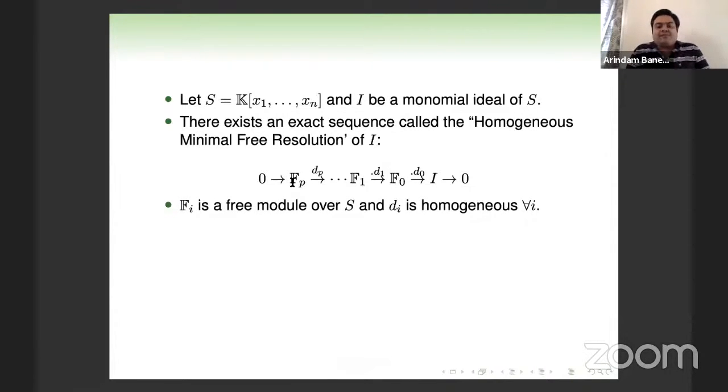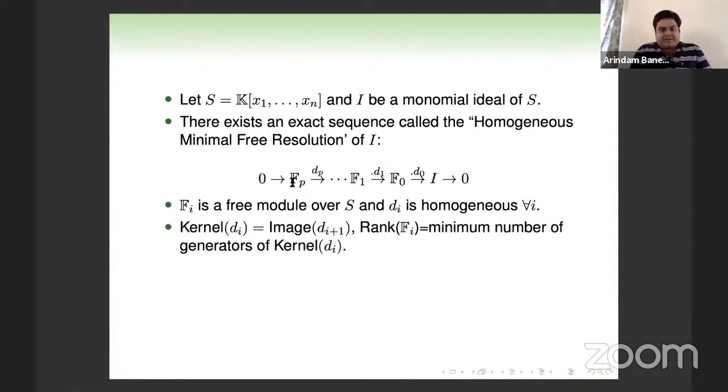These F_i are free modules over S. That is, a free module is like a vector space. I mean, these are basically direct sums. There is a basis and it's just a direct sum of copies of the base ring. What I mean by homogeneous, I'll not explain too much because it won't be important. I'll just briefly explain.